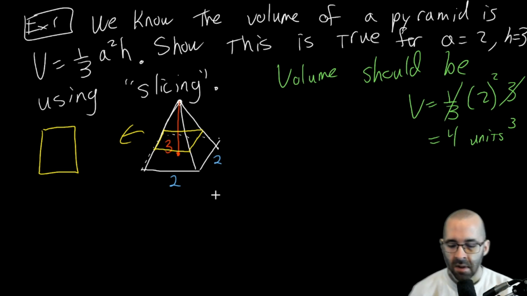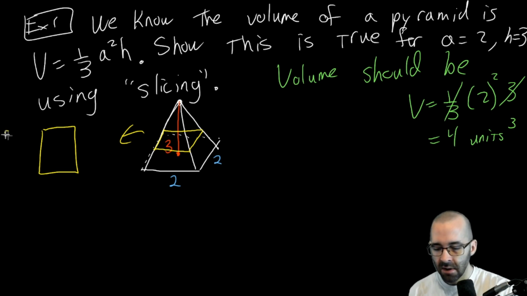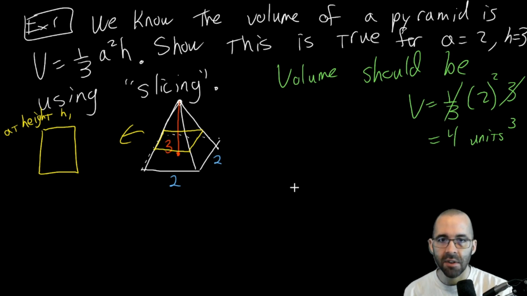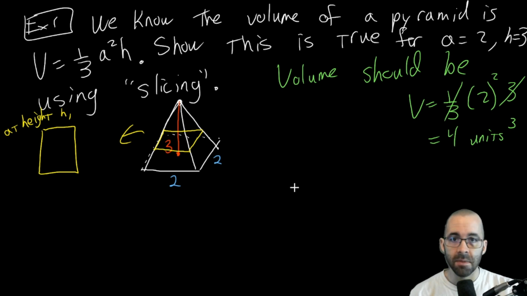And the question is, at any height h, what are the dimensions of this square? Well, it's a square, so this dimension should be the same as that dimension. We need to find its dimensions. That's usually the hard part here. How can we find the dimensions of any cross-sectional square of this pyramid?